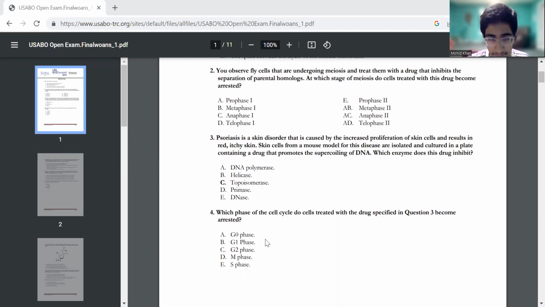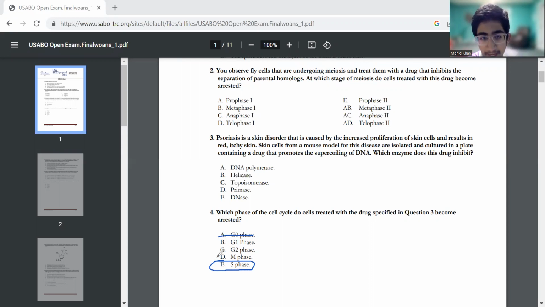And we know G0, that's not DNA replication. G0 is where most nerve cells are because they don't divide. And then G1 and G2 are the two growth phases. The answer here would actually be S phase because this is where the DNA does get replicated in preparation for the next mitosis.